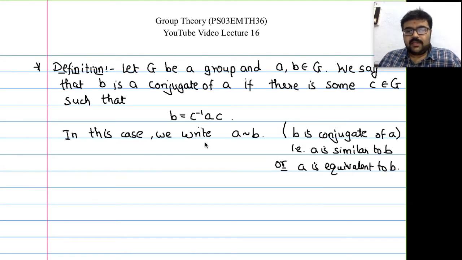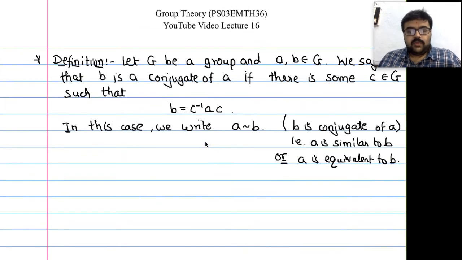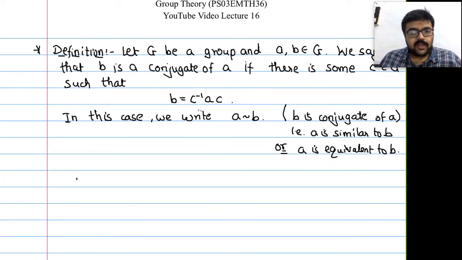So let us consider some example. Of course, every element is conjugate of itself. So it's not that there are no conjugates. You can always write A equals E inverse A E, right? This is always there.